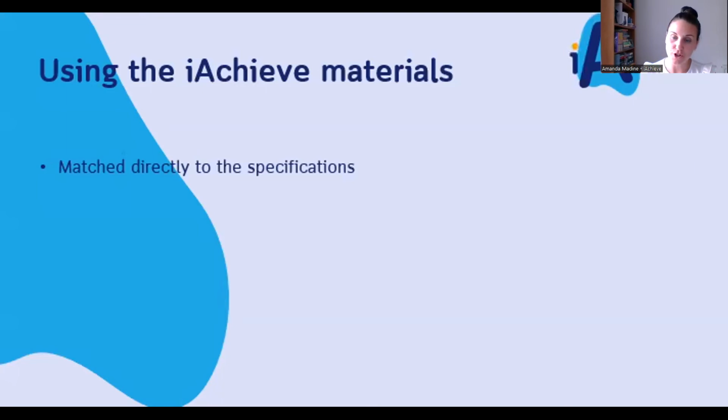They've got different structures. The content is quite similar, but there are differences in the content. So using the iAchieve materials, when your year 11 learners log in, they will have access to the materials specific to that spec, and your year 10s will have access to the materials directly related to the new spec, so it avoids any confusion. So we'll log into the platform and have a look at some of the new iAchieve materials.